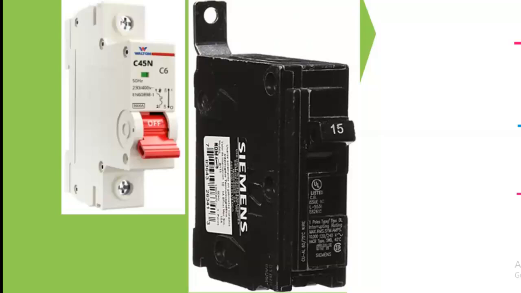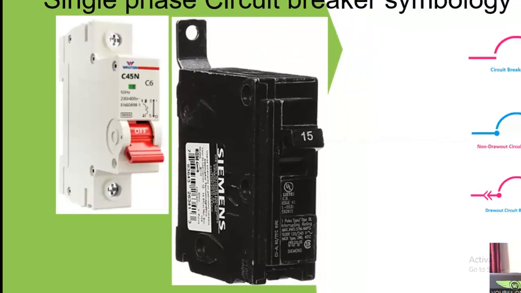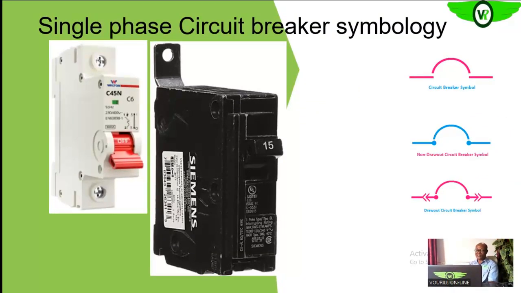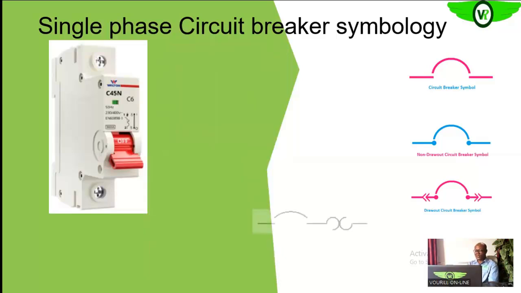Are you getting it? Or the feeder, the load feeder. In bigger circuits, you can call them feeder pillars. So it is screwed to it. That means that for us to change this circuit breaker or work on it, we need to physically unscrew it and remove it from the circuit.